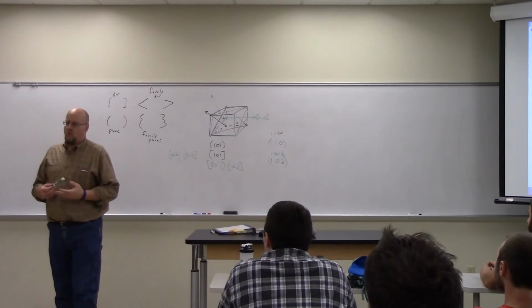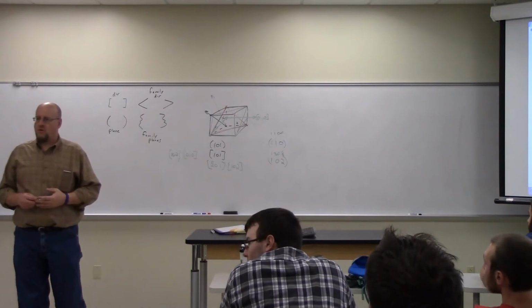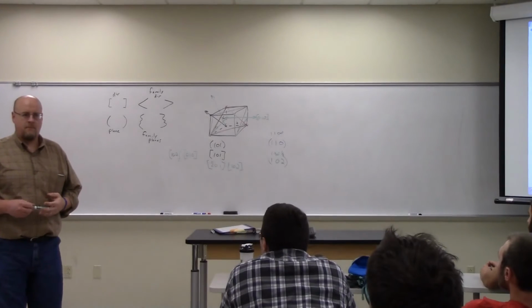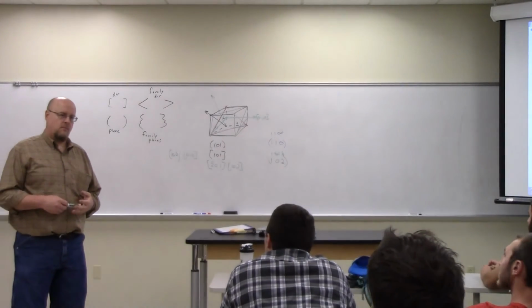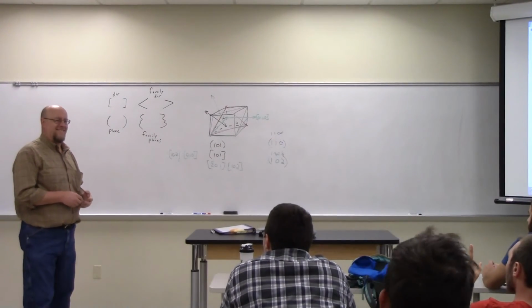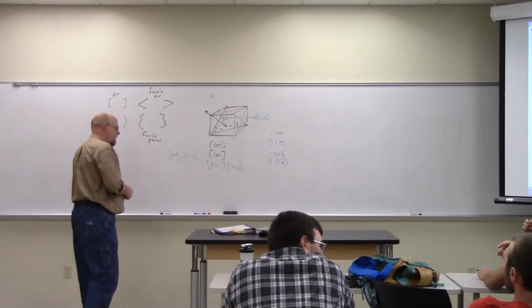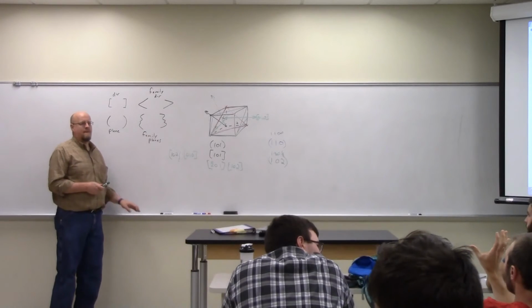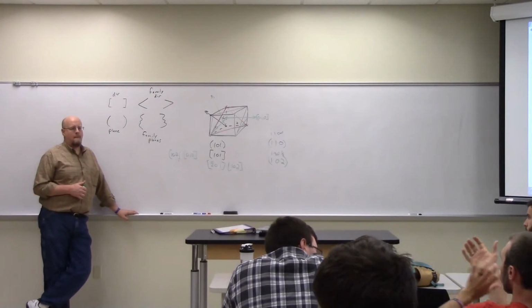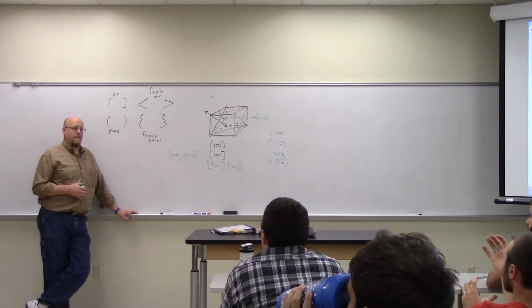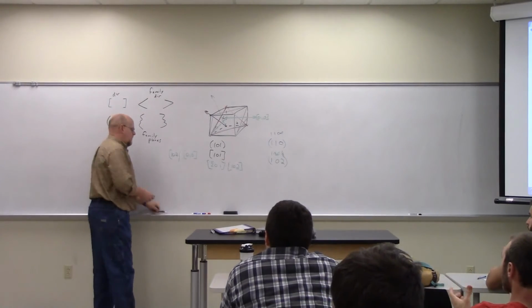You were asking about the planes and directions, right? Okay, you're good? And so families of planes and families of directions are such that if you rotate the crystal, it still looks exactly the same.